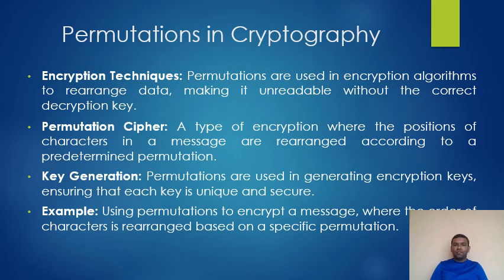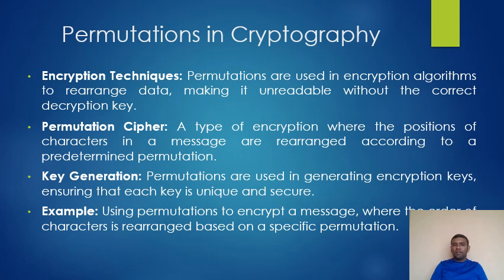Then permutation cipher, a type of encryption where the positions of characters in a message are rearranged. Example, using permutation to encrypt a message where the order of characters is rearranged based on a specific permutation. This can be found in cryptography. Cryptography is not a small thing. It is all for trading.